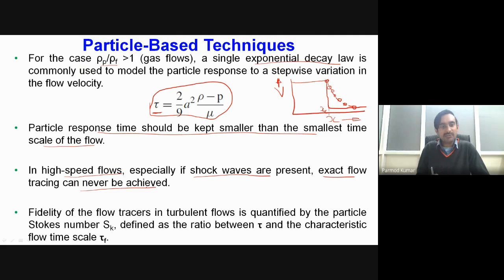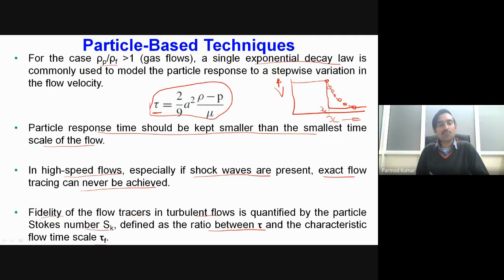Okay. So, generally, what happens? Whatever the accuracy we get with the flow tracers, particularly in turbulent flow situation, that is quantified with the help of some parameter which is known as the particle Stokes number. Particle Stokes number is a dimensionless parameter which is defined as the ratio between the tau, where tau refers to nothing but the particle response time, and the characteristic time at which our flow field is changing.